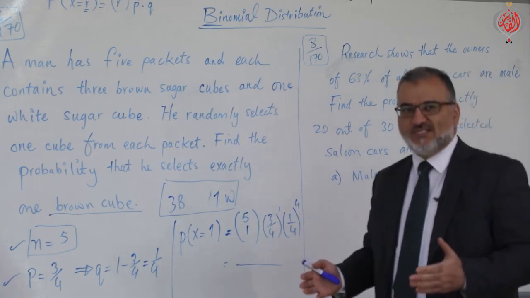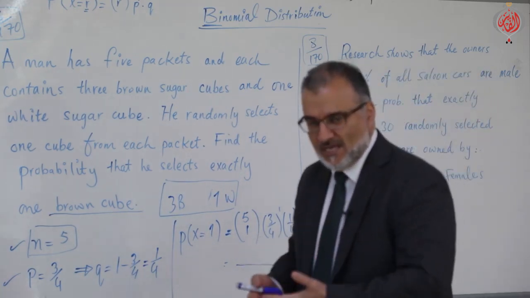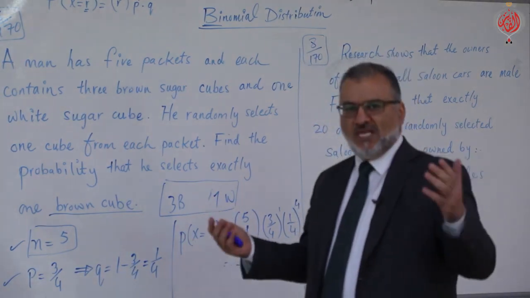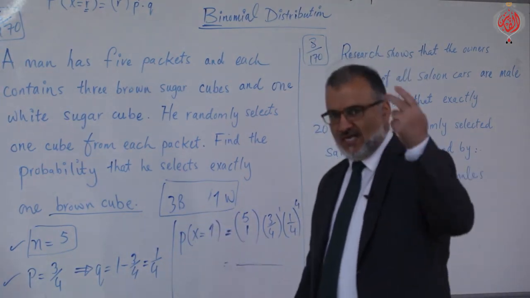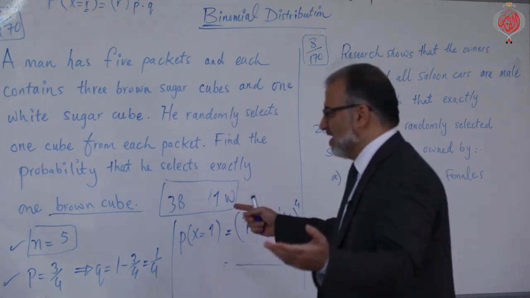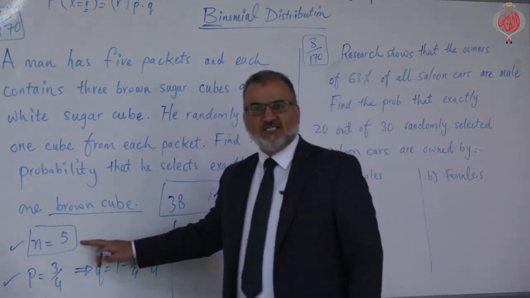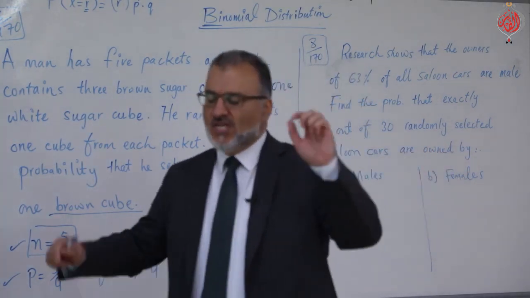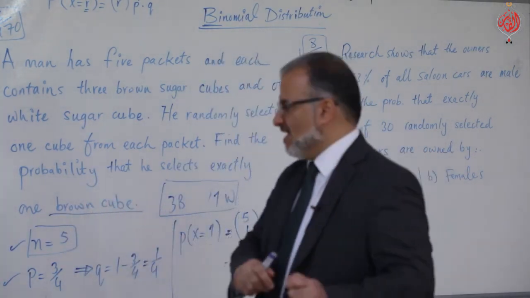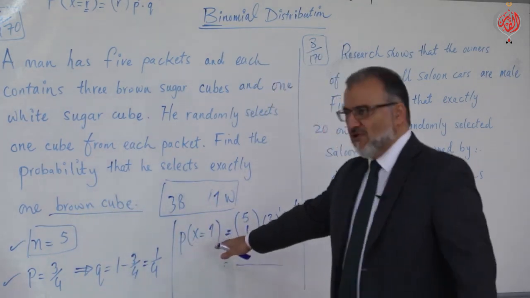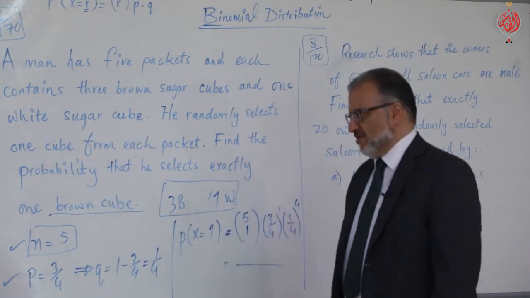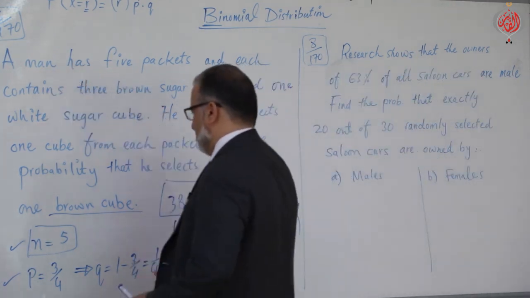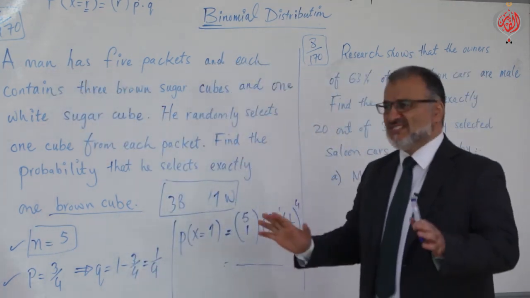If yes, then success and failure, the 2 outcomes, are independent. And we are doing a finite number of repeated trials, it is 5. Hence, the conditions are satisfied, and I can apply the formula of the binomial distribution. This is related to question number 6, page 170. Other questions are similar.